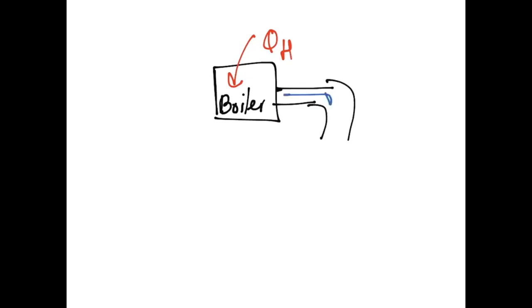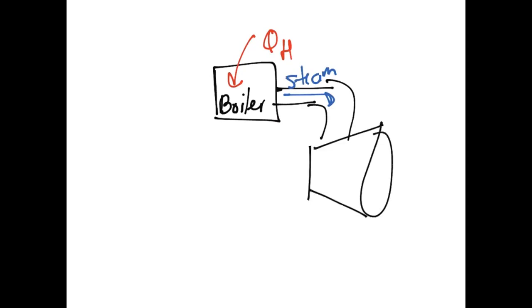We usually use steam in this case, so we input heat so that the steam becomes overheated steam, and we use that in a turbine in order to produce work.